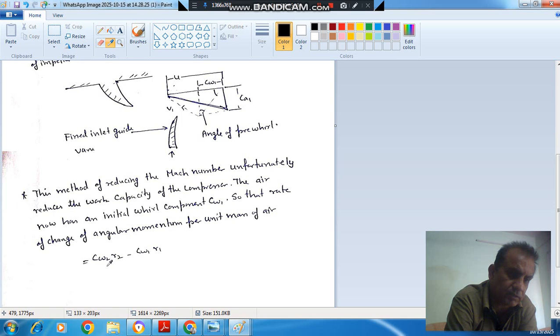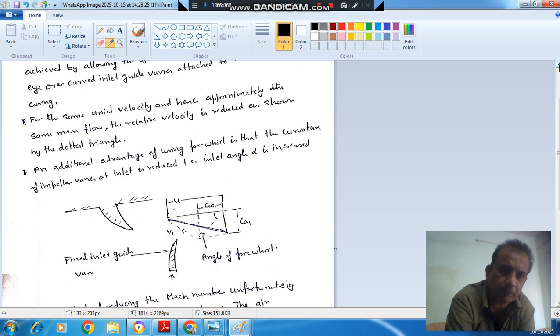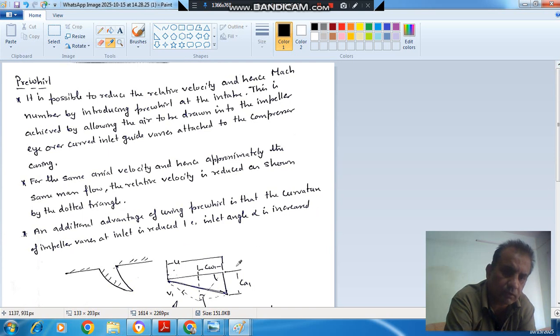Initially it was CW2 R2 omega, now it is CW2 R2 minus CW1 R1 within brackets into omega. So the work absorbing capacity is reduced. That is the main purpose of Prewhirl: to decrease the Mach number to avoid choke, but with the disadvantage that work capacity is reduced.